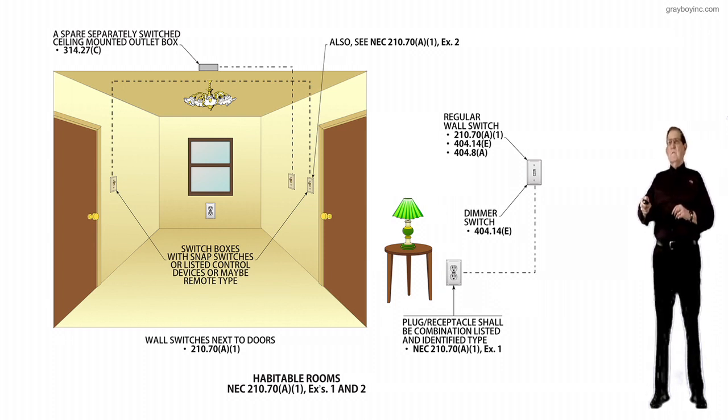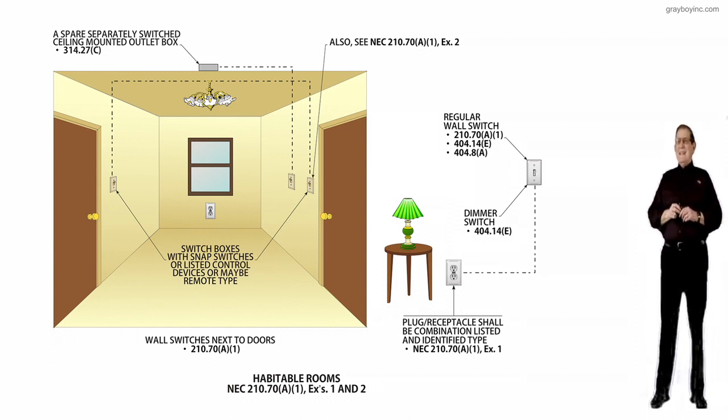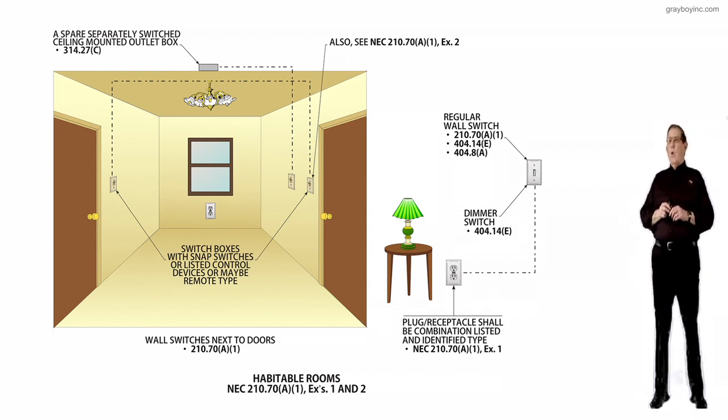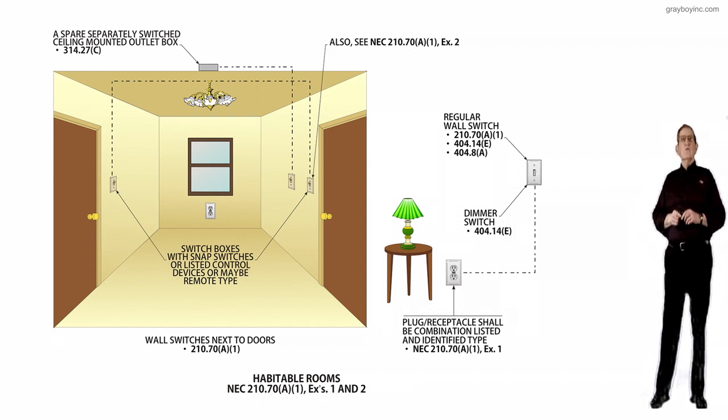And we get that in 404.14, item 15, and it says plug and receptacle should be combination listed and identified with this dimmer so that you don't overheat it and cause damage to your wall, or maybe cause a fire. So we look at, one is the receptacle, two is what kind of wall switch you are using and how you're going to control it, and three, do I want to use a dimmer switch?